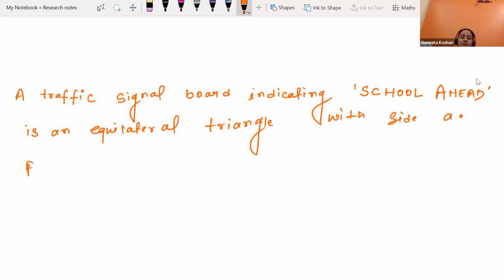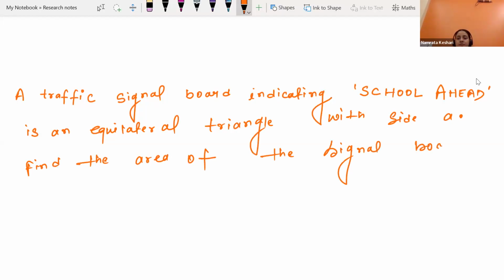Find the area of the signal board using Heron's formula.